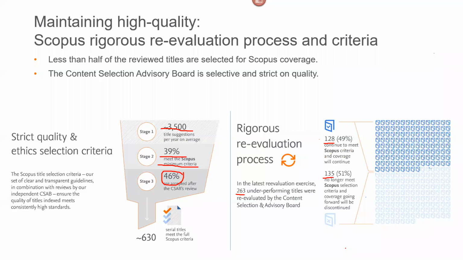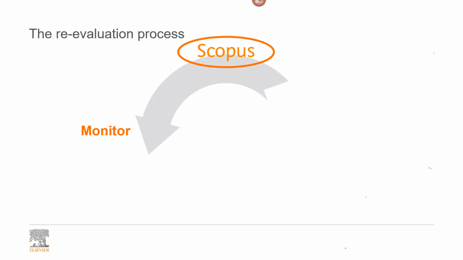And be careful, because some of the ranking organizations, like for example Times Higher Education, don't take into consideration the discontinued journals, even if the article was published in the previous issues when the journal was active in Scopus. So that's the re-evaluation process I was talking about.